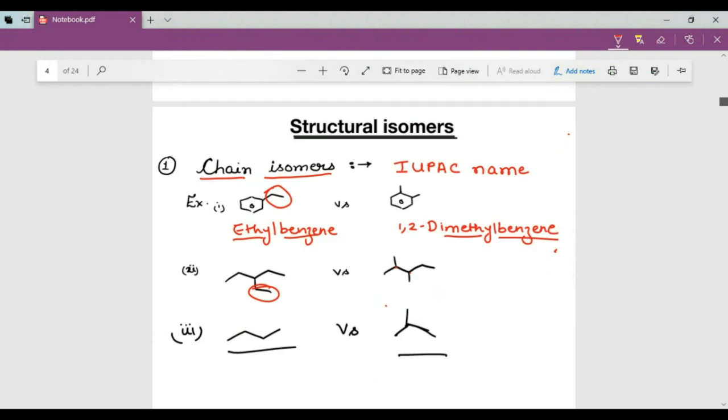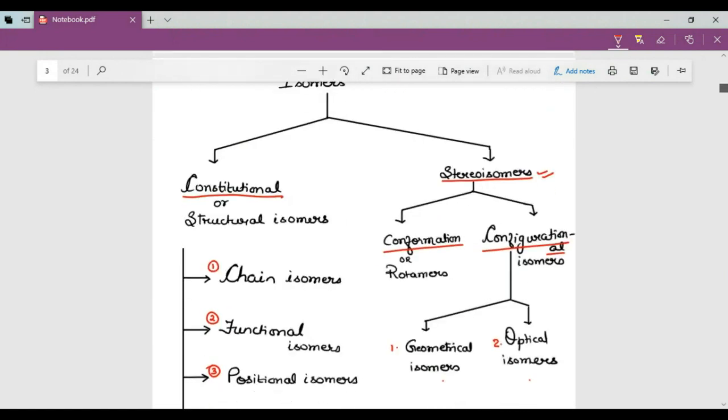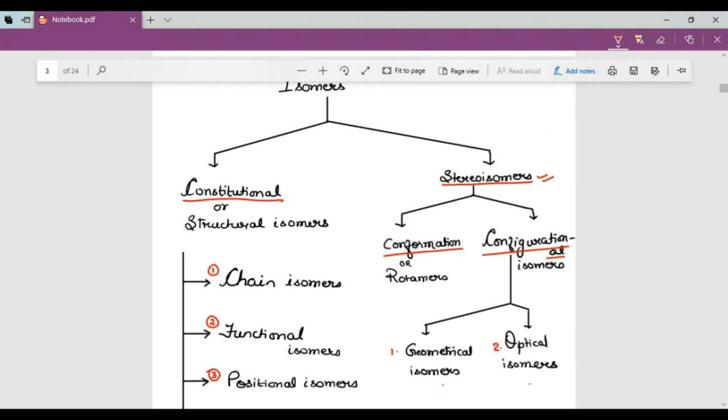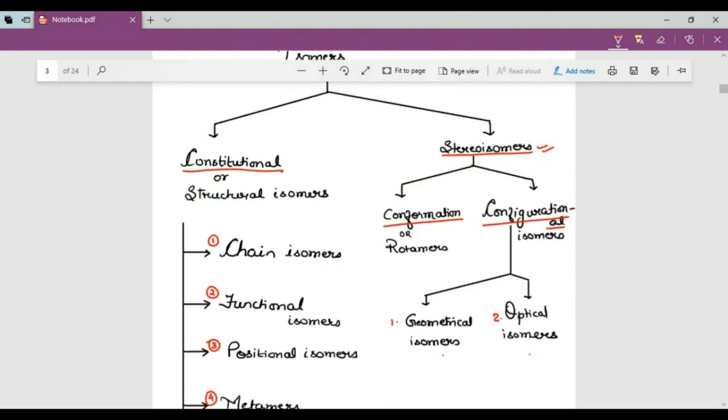Okay, let me go back to the classification we had. So in this isomer category, we have completed this side of our flow chart. That is the constitutional isomers: chain, functional, position, meta, and tauto. Now we are moving to stereoisomers.